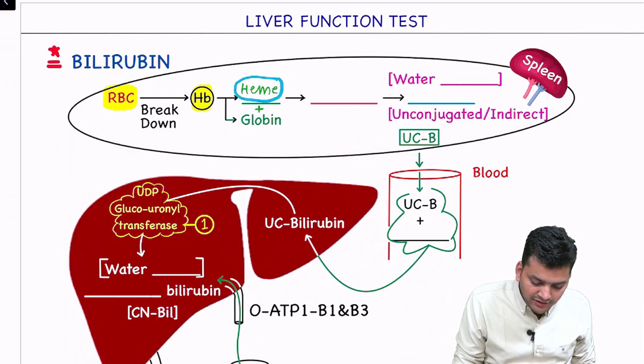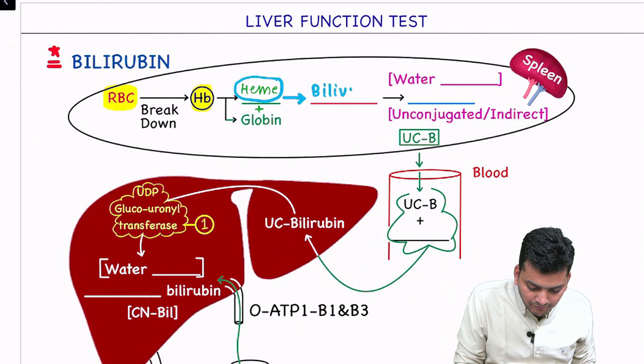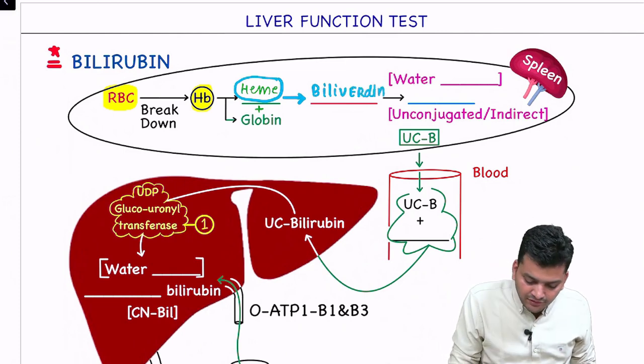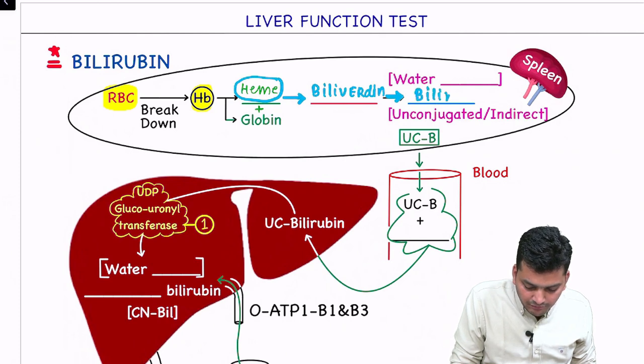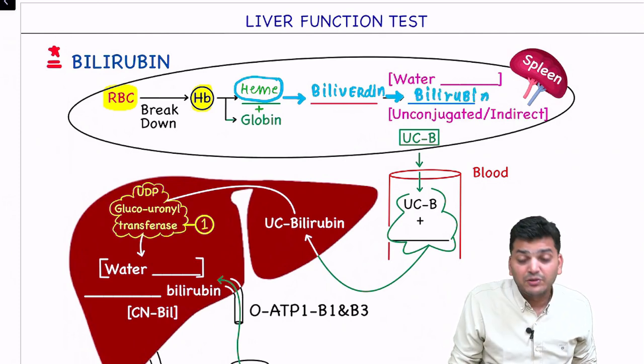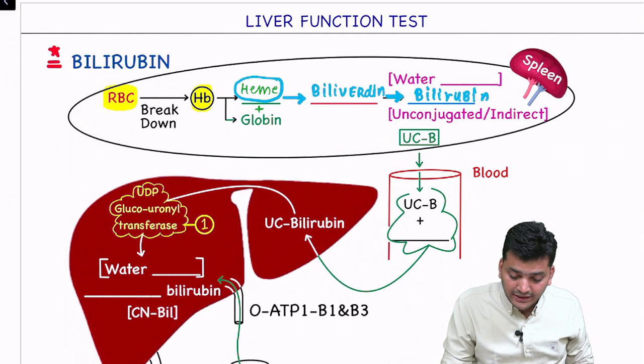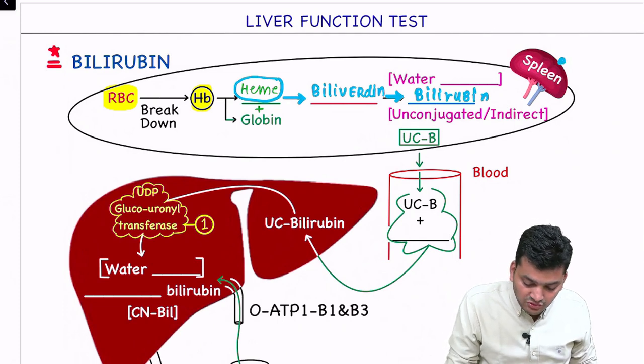If you further break down the heme, we are going to get a molecule called biliverdin. And this biliverdin can convert into a molecule called bilirubin. This bilirubin, which is synthesized in the spleen, is water insoluble bilirubin.